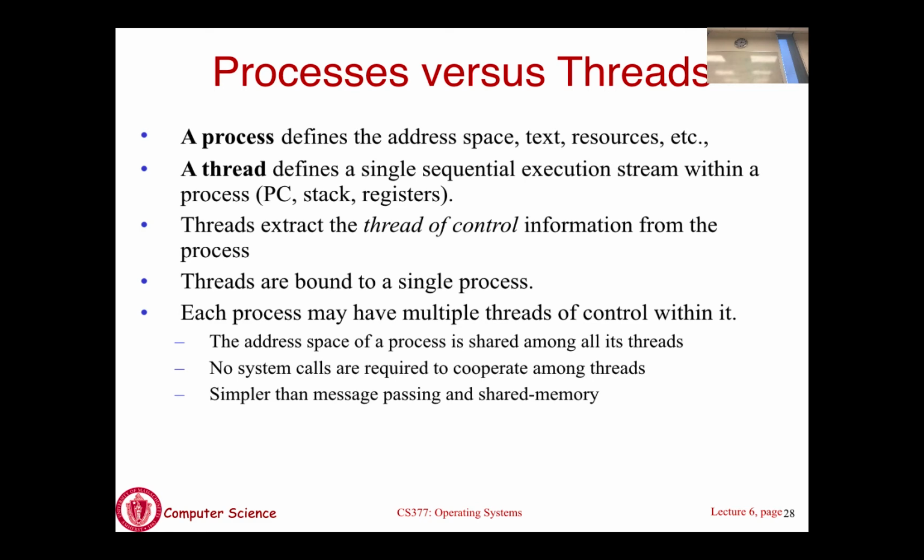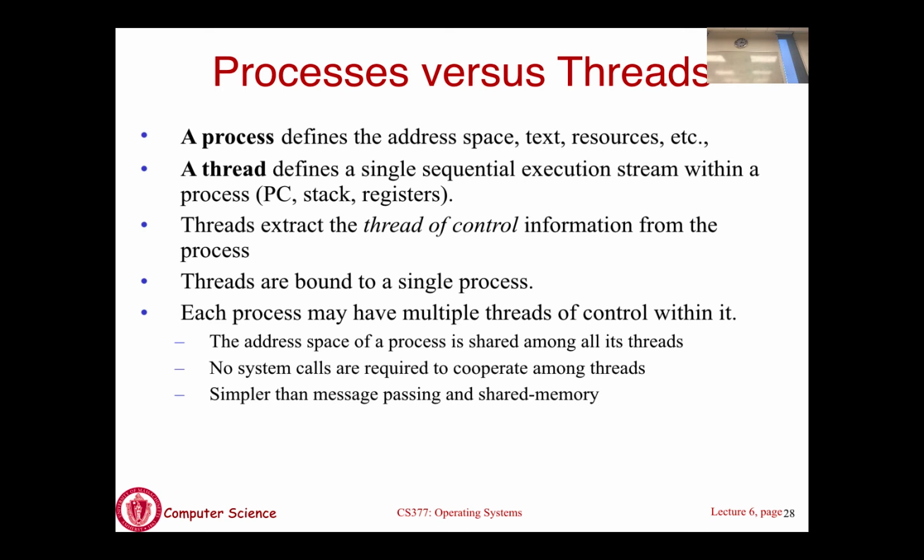But there's no requirement that there's one entity executing code in that process. There could be multiple entities executing code of the text segment. Each of the entities is called a thread of control. So there are multiple threads of control sharing the same address space. The text segment is the same for all of them, so each entity can execute any part of it.